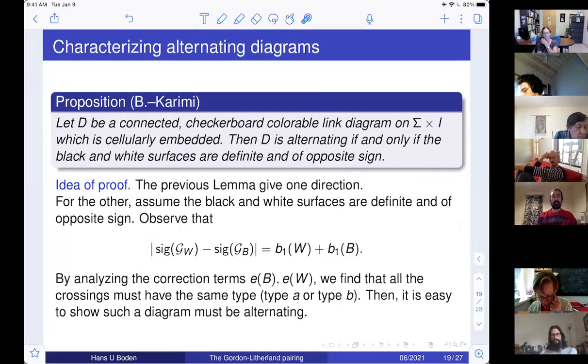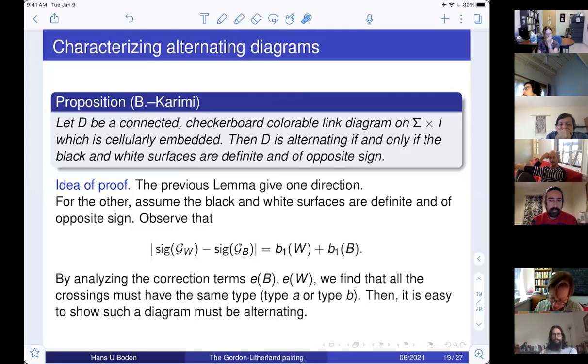So that proves one direction of the next proposition, which is a characterization of alternating diagrams. It says that a connected checkerboard colorable link diagram, which is cellularly embedded, will be alternating if and only if the two checkerboard surfaces are definite and of opposite sign. So proving this proposition amounts to proving the converse to what we just saw.